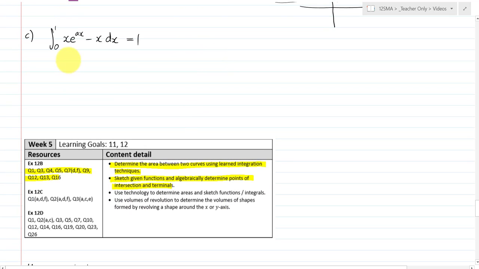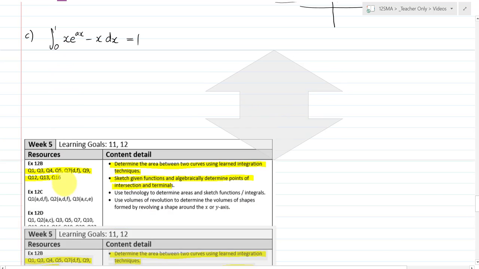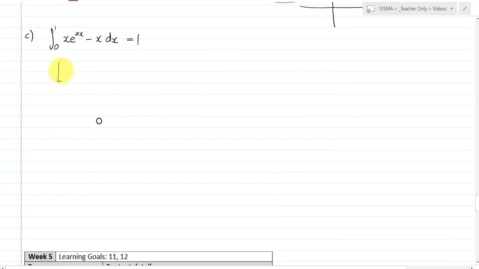I'll just create a little bit more space for myself. The second integral is quite easy, but the first integral is going to involve integration by parts. So again, we do that separately. What is the integral of x e to the ax with respect to x? Well, I'm going to do my substitutions again. In this case, I'll let u equal x.